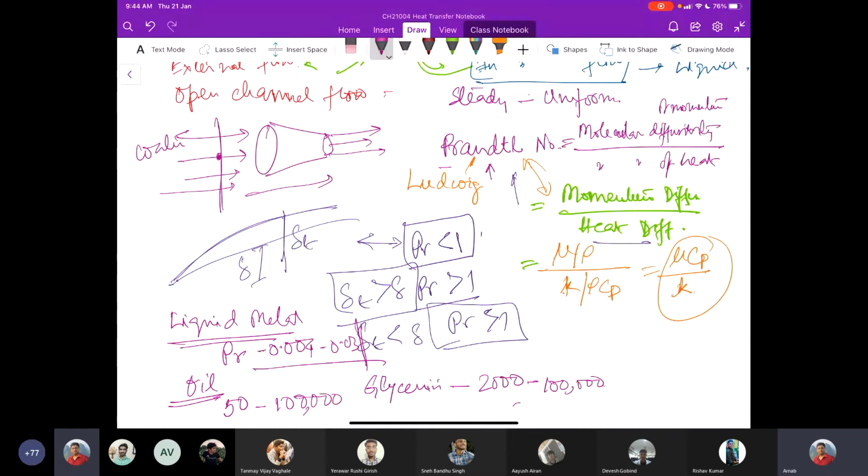So that means in this case, heat diffuses very slowly across the boundary layer, and the thickness of the thermal boundary layer is much smaller than the hydrodynamic boundary layer. Fine. Any question?